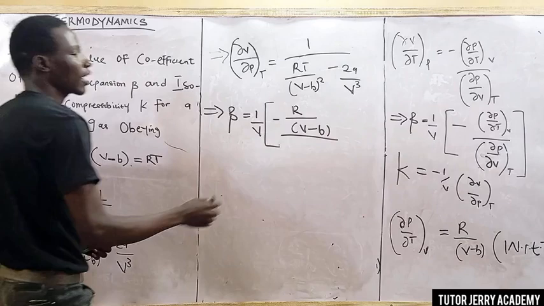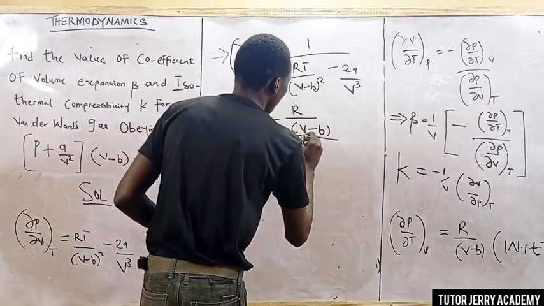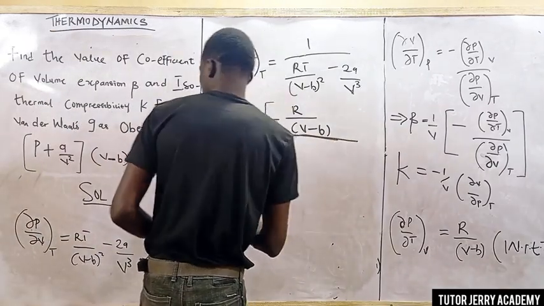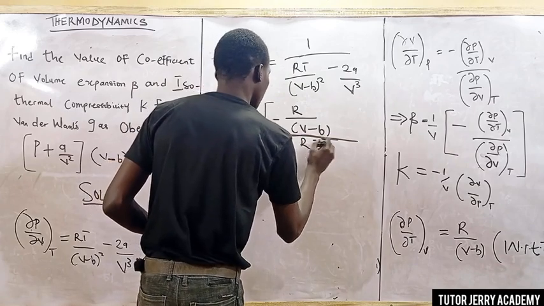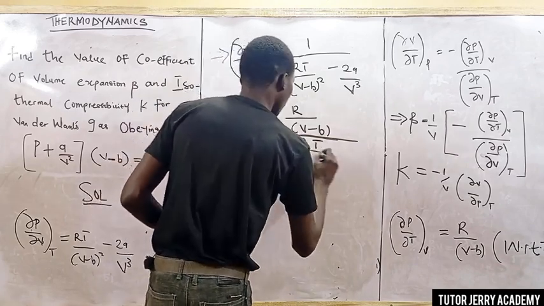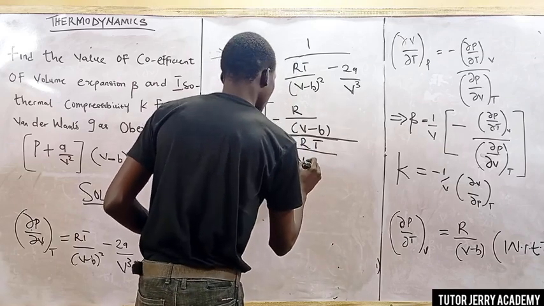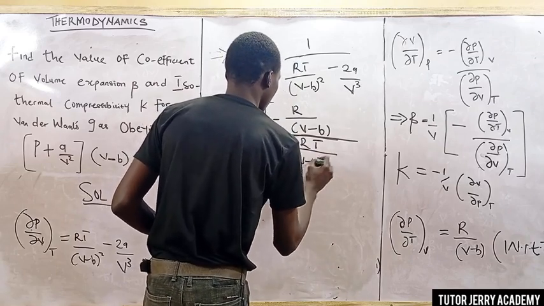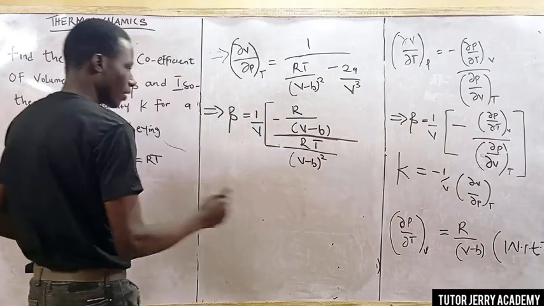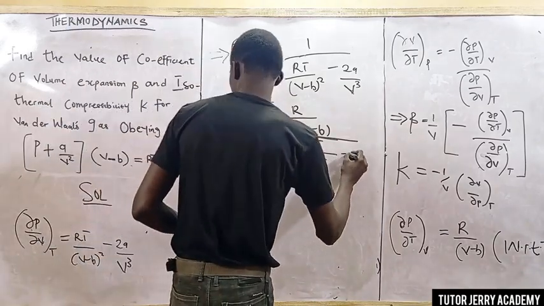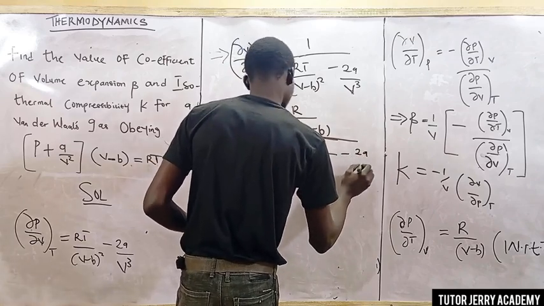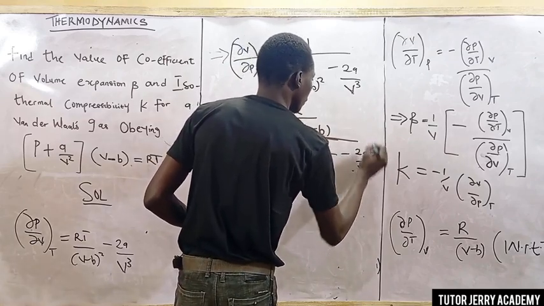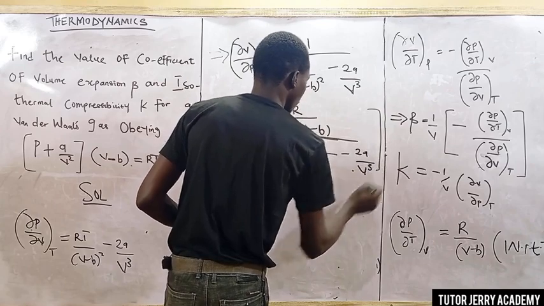So it means that we have over RT over (V minus b) all squared minus 2a over V cubed. So this is what we have.